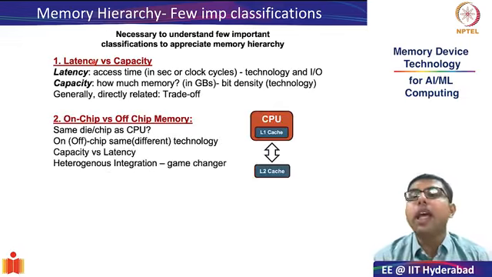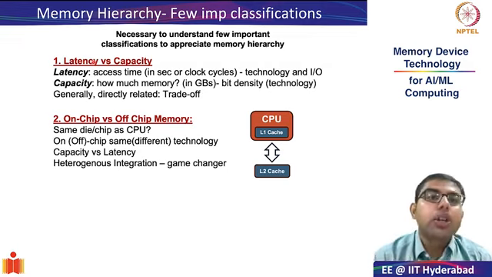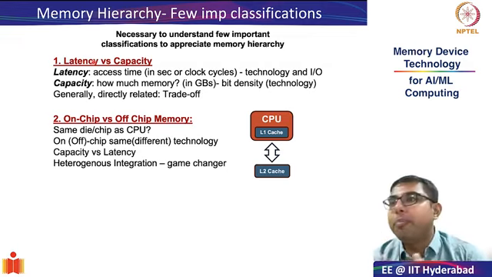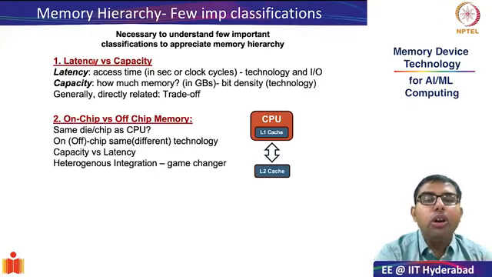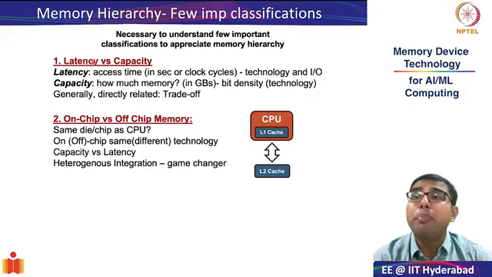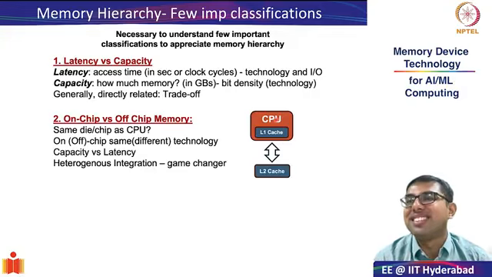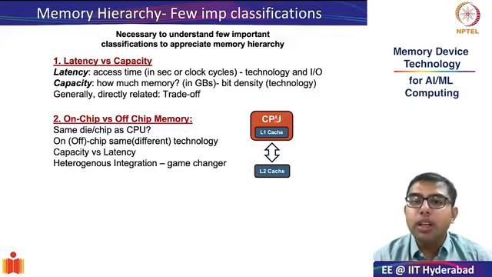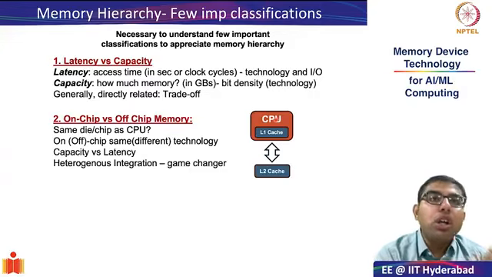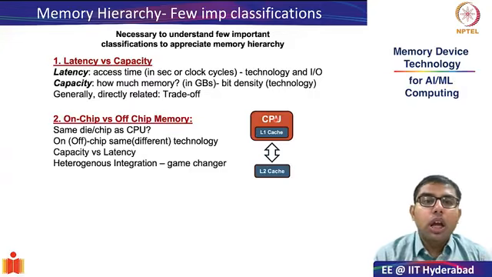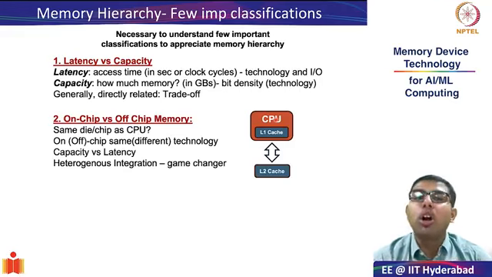Okay. The second thing that we should look at is on-chip versus off-chip memory. When we say on or off, which chip are we referencing? The answer is the CPU, right? So the question we ask with on-chip versus off-chip memory is whether it is in the same die or same chip as the CPU or not.